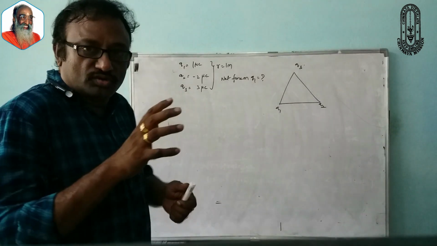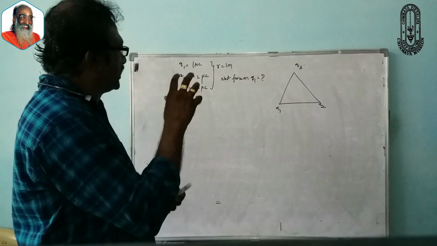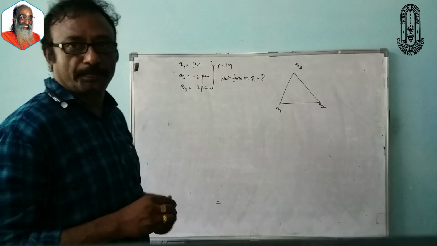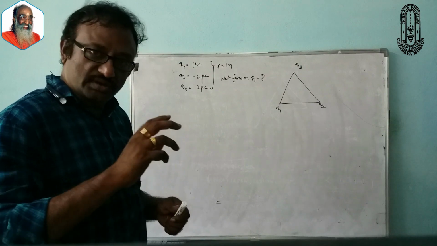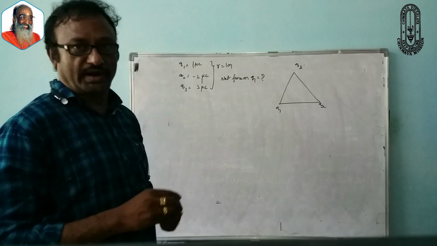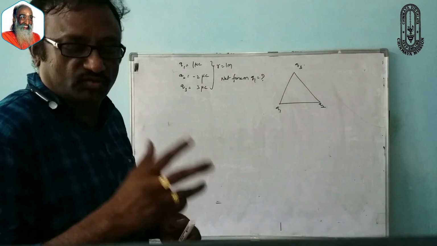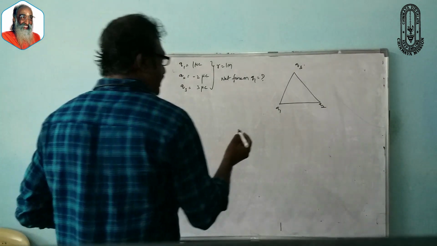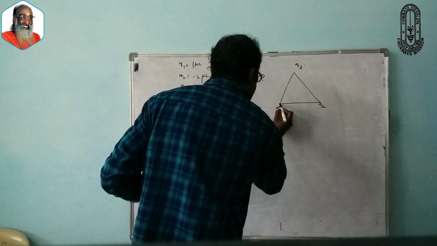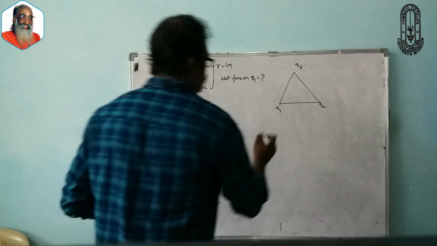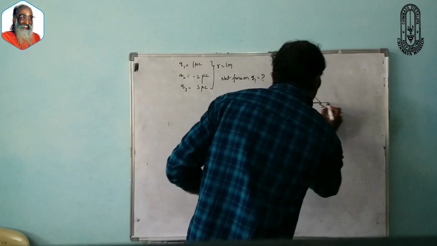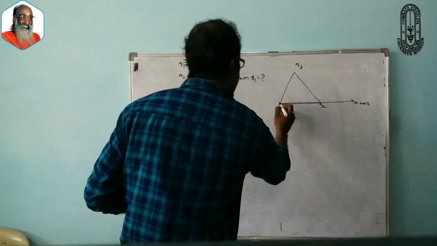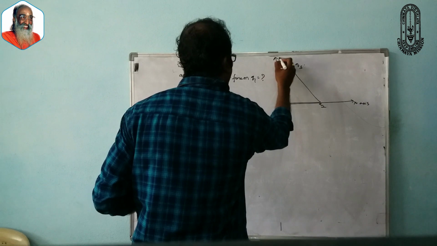So we are going to do the problem by making the coordinates at Q1, Q2 and Q3. Coordinates means x coordinate, y coordinate and z coordinate, because we are having x, y and z axes. So what I'm going to do is fix this Q1 as the origin. So this will become your x axis, and this will become your y axis.